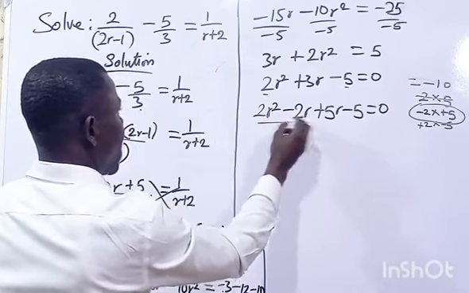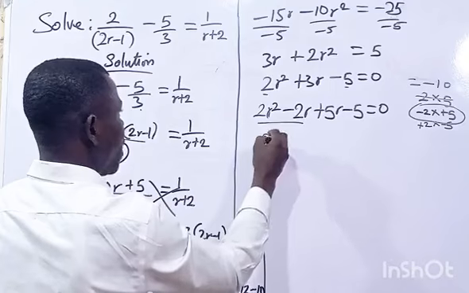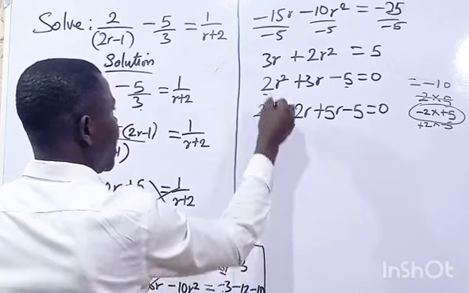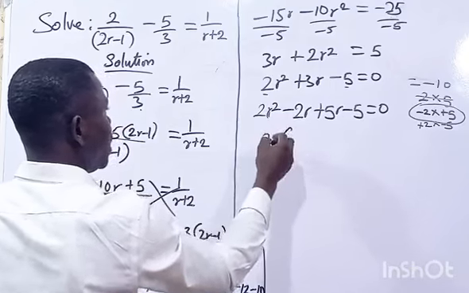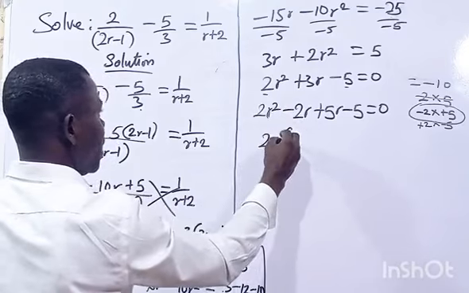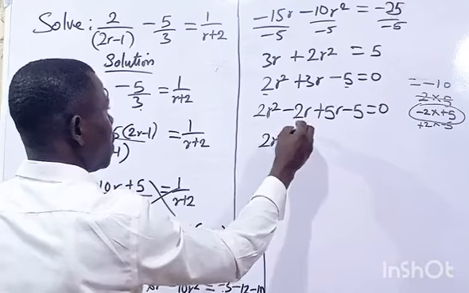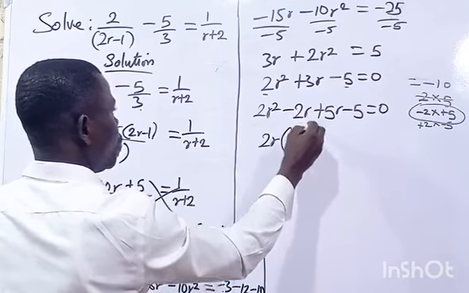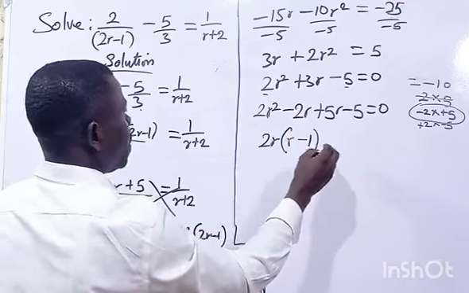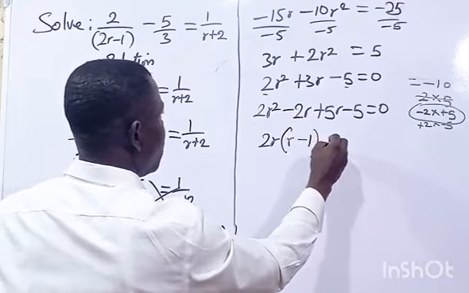What is common between these two terms? We have 2 arrow being common. So if you pick 2 arrow out and factorize it, 2 arrow goes into 2 arrow squared to give arrow, minus 2 arrow goes into 2 arrow is 1. Here will be plus.